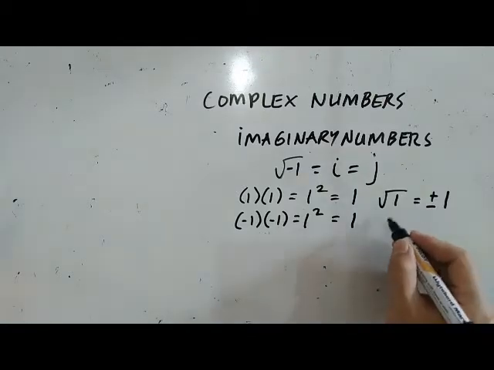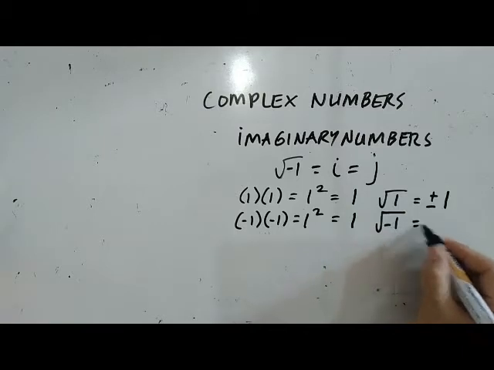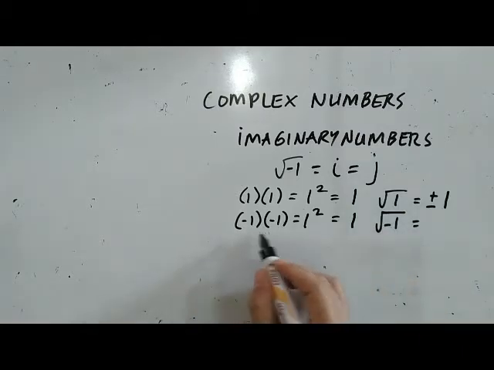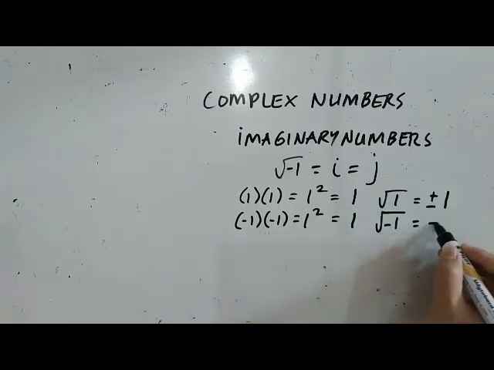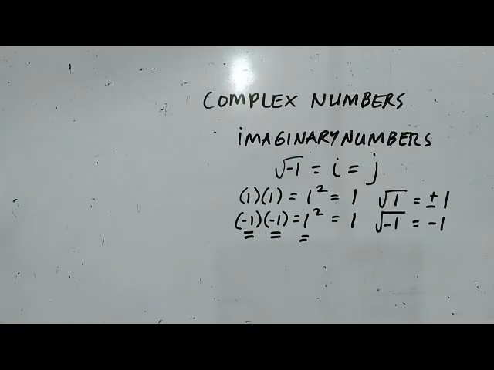So you cannot find a number that is the result of the square root of negative 1, because the square root of negative 1 is not negative 1, since negative 1 times negative 1 is positive 1. That is why it is called imaginary numbers.